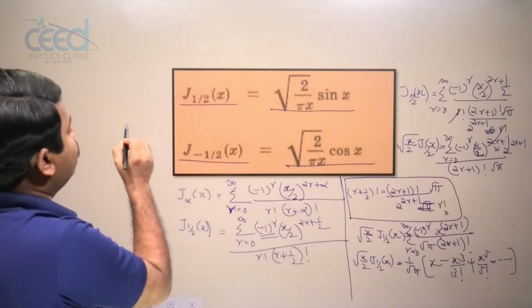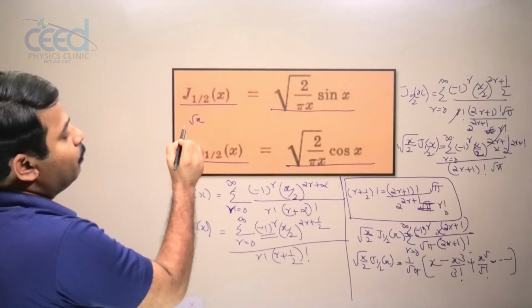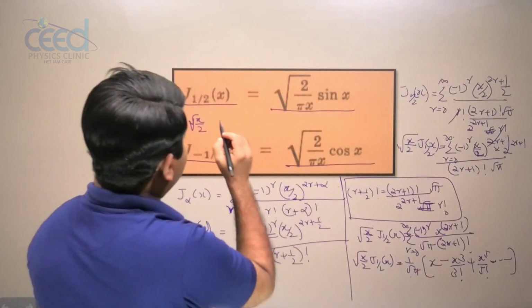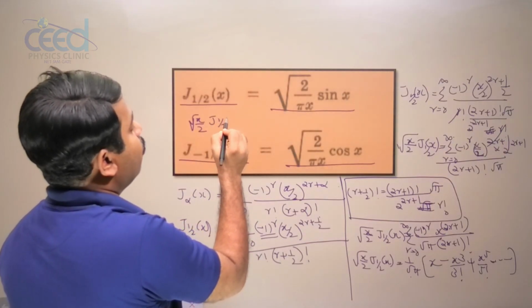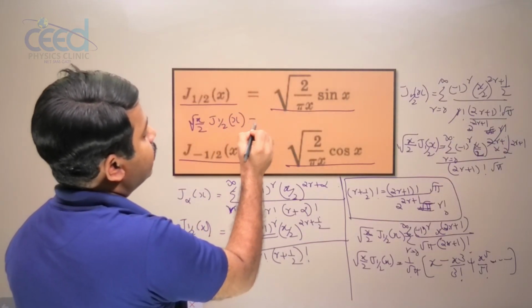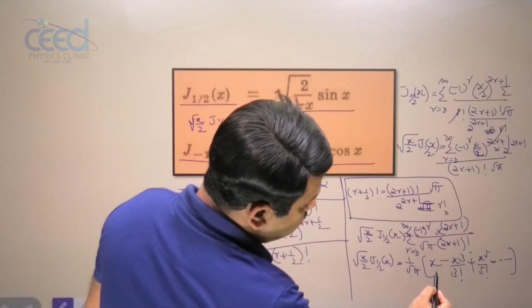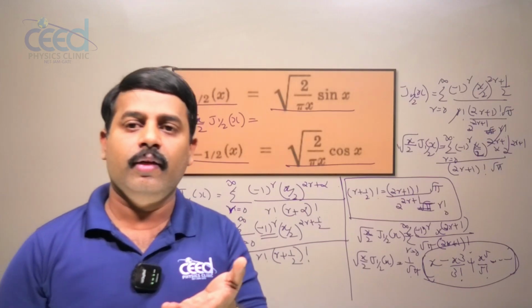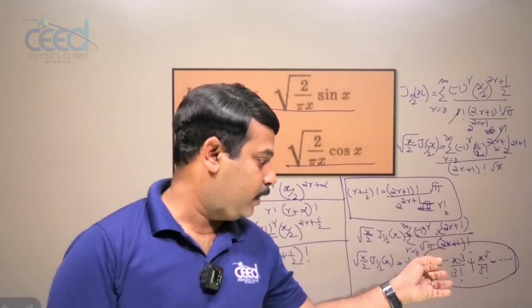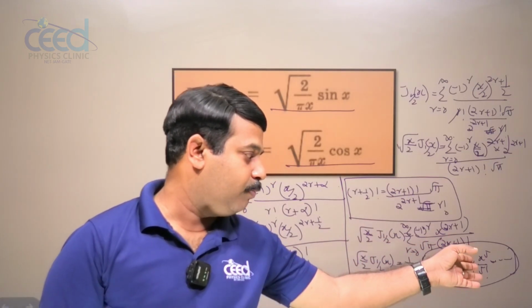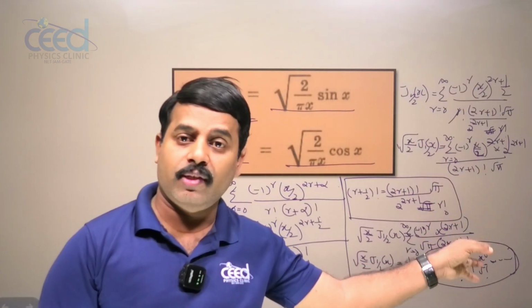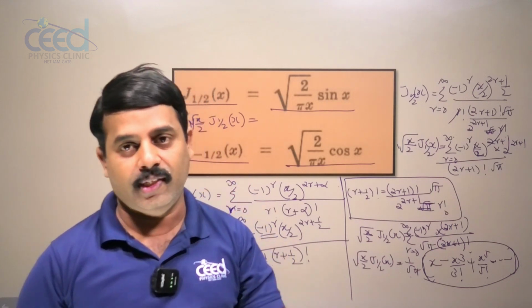Now we can write it here. See, root x by 2 into J_{1/2}(x), what I can write? That is equal to, this is the sin x expansion, x minus x cube by 3 factorial plus x^5 by 5 factorial minus x^7 by 7 factorial, that represents the sin x series.